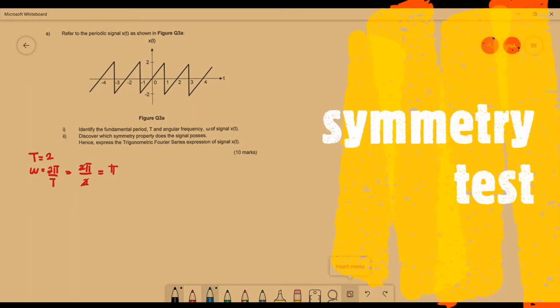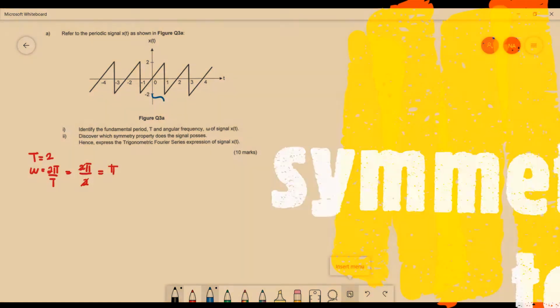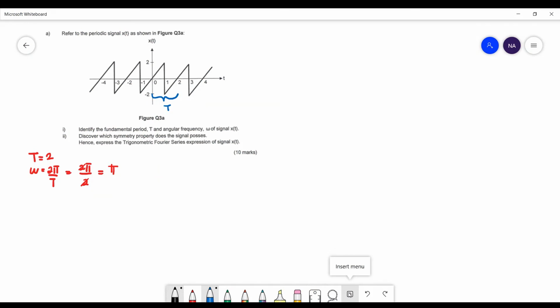Okay, let's test next the symmetry properties of this signal. So this is one cycle, and then for even symmetry, you need to draw the first half cycle first, until 1 only, because this is half cycle.